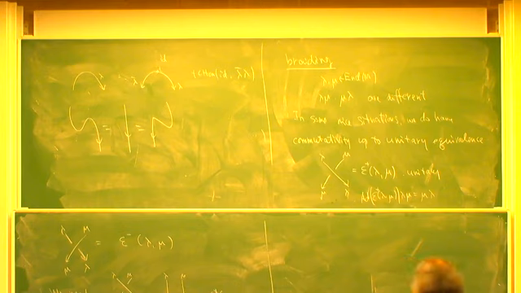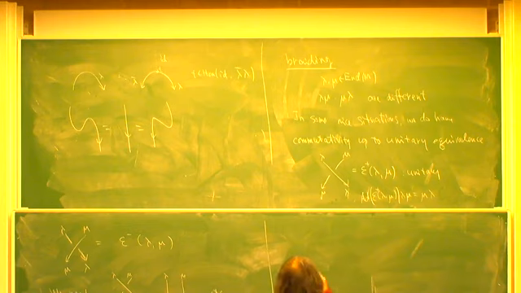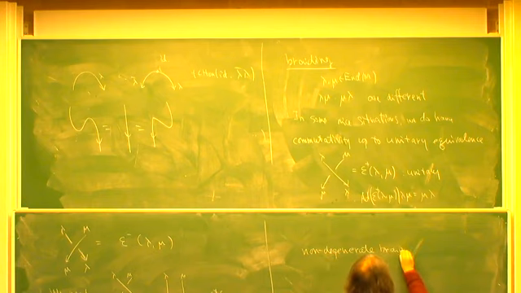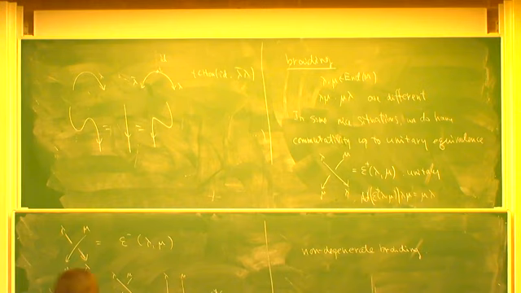Sometimes braiding exists, sometimes it doesn't exist. But we are interested in the case where braiding exists. Furthermore, we have a notion of non-degenerate braiding. This essentially means that the overcrossing and the undercrossing are really different.